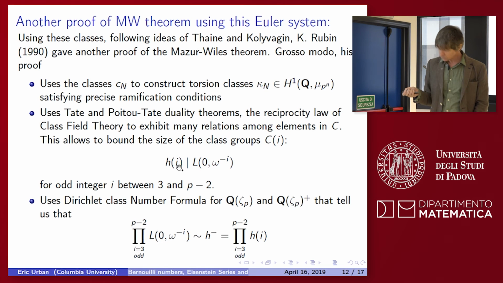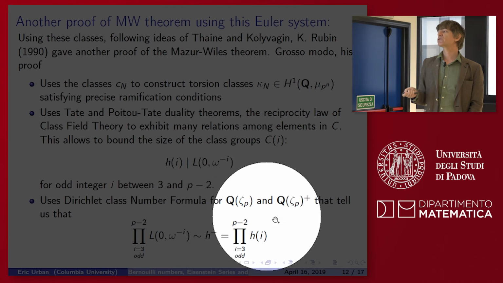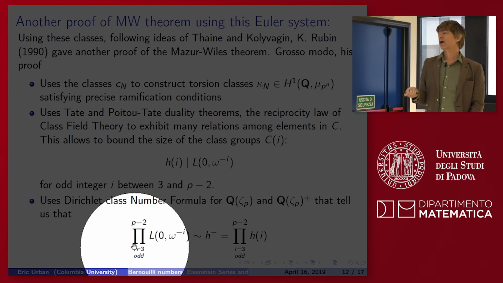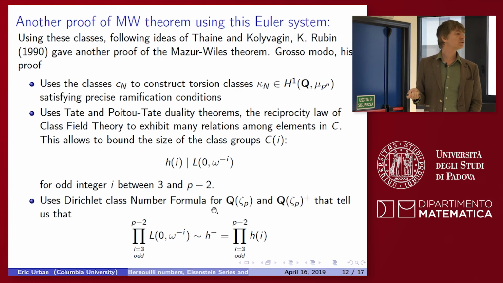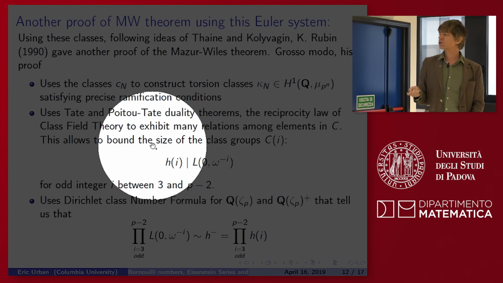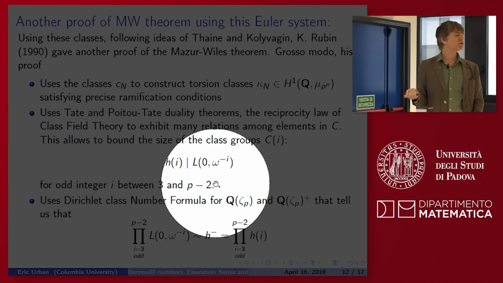And this is for integer I from 3 to p minus 2. So now if you have such divisibility, and you use again the class number formula, then you can deduce again the Mazur-Wiles theorem. Of course you can notice that this divisibility is the exact opposite of the divisibility proved by Mazur-Wiles.